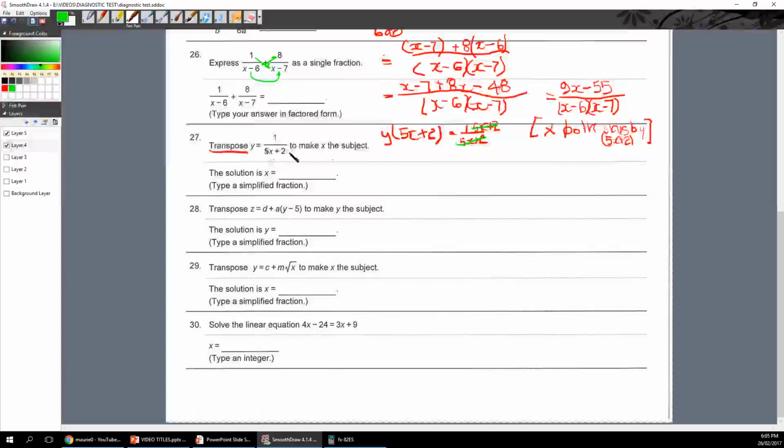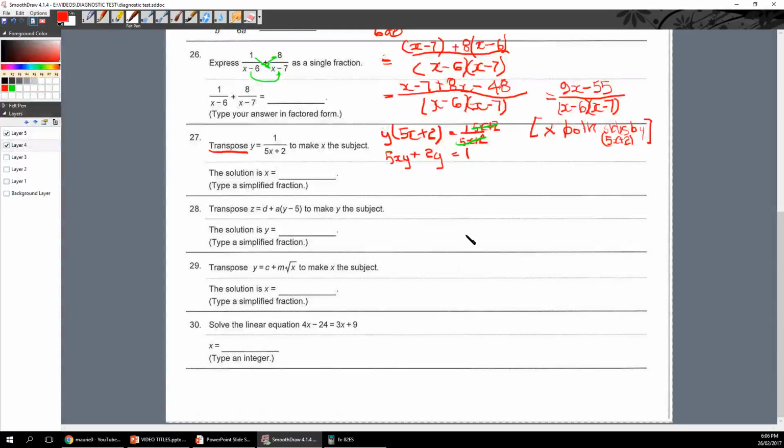Alrighty, so now moving on from there, remember we've got to get x on its own on one side. So let's expand that, so we get 5xy, again here we are multiplying out brackets, plus 2y equals 1.